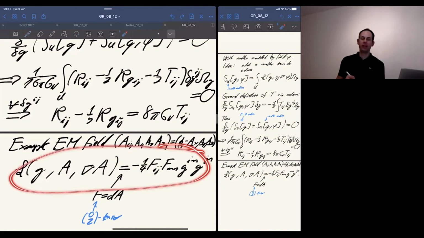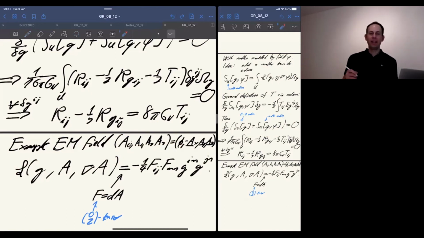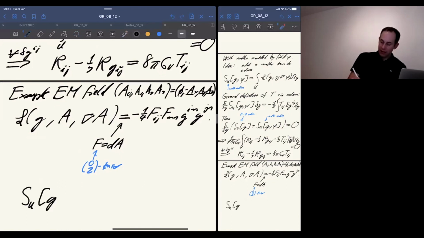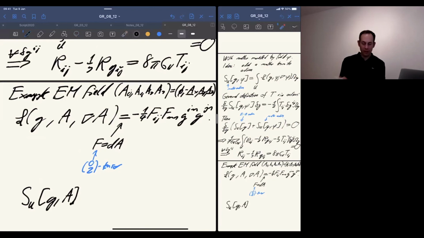So that's essentially then the Einstein-Maxwell equations are the equations that come out of that. Now you may wonder, where are now the Maxwell equations? Note that what this Lagrangian defines is an action, S_U, that depends on g and on the electromagnetic field A, and, okay, of course, also derivatives of it, which I'm not going to write here.